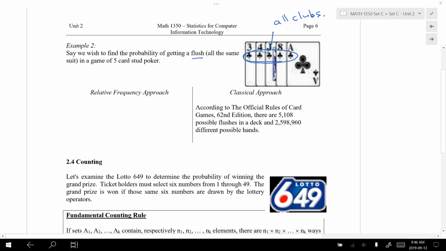Maybe you do or don't play cards. There are 4 suits, and each suit has 13 cards. The other suits being hearts, spades, and diamonds.